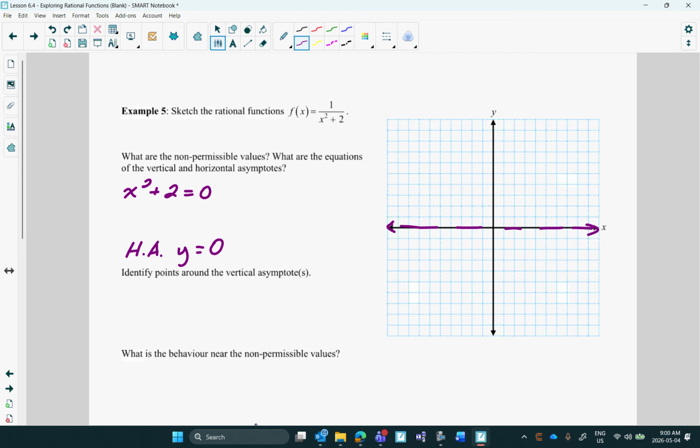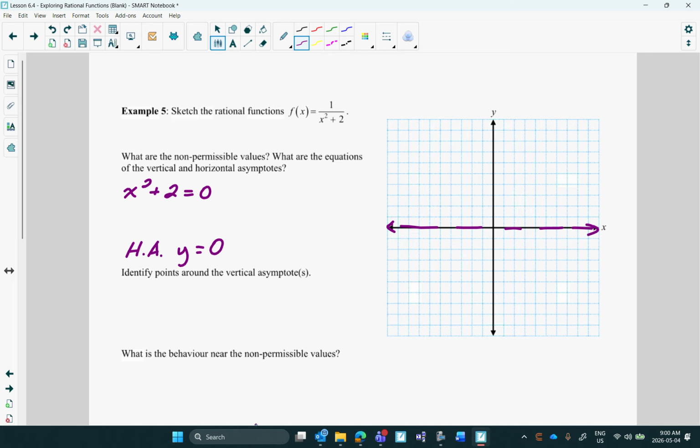What value of x can I plug in there and then do x squared plus 2 and get an answer of 0? What number could you plug in here, and then add 2, and it equals 0? Give me a number to try.